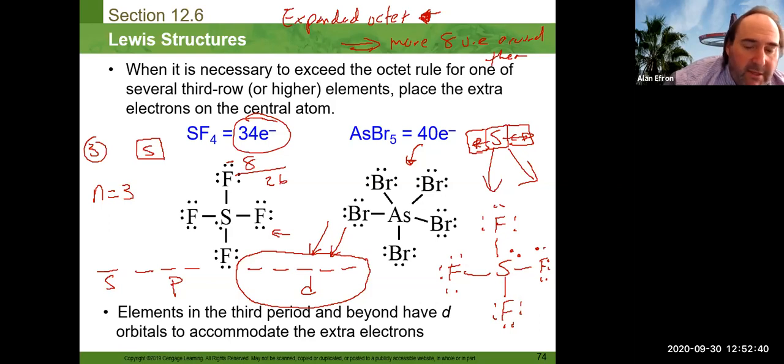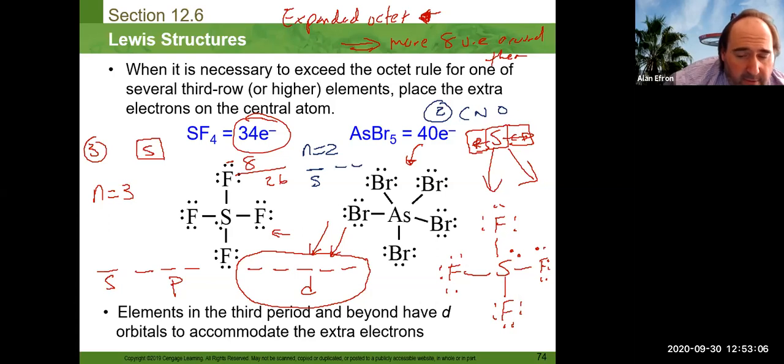That also means, though, if you look at the periodic table and you look at the guys above sulfur, like carbon, nitrogen, oxygen, these guys are on the 2nd period of the periodic table, which means N is equal to 2. And that means on the 2nd energy level, they have S orbitals available.